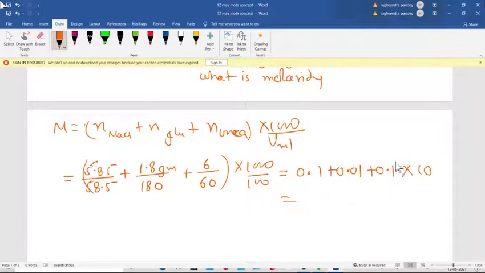That is a very easy problem. So it is 0.1 plus 0.01 plus 0.1, that is 0.21, into 10, so that is 2.1 molar. So in that manner you can do this.